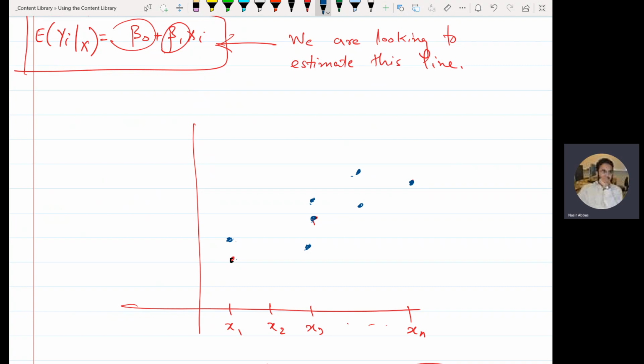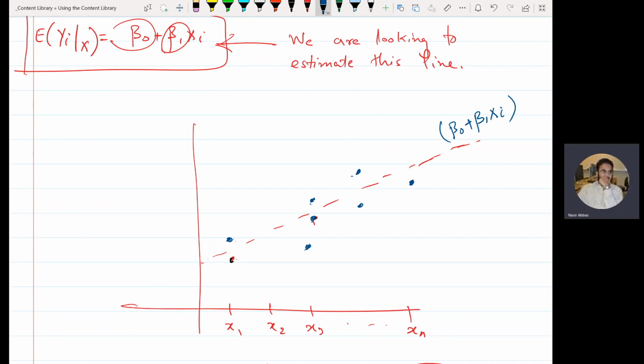We are not after the line that passes through these points. We are after the actual line. So imagine that actual line somewhere here, the red line. This line is basically beta naught plus beta 1 xi. This is the actual line we are after.